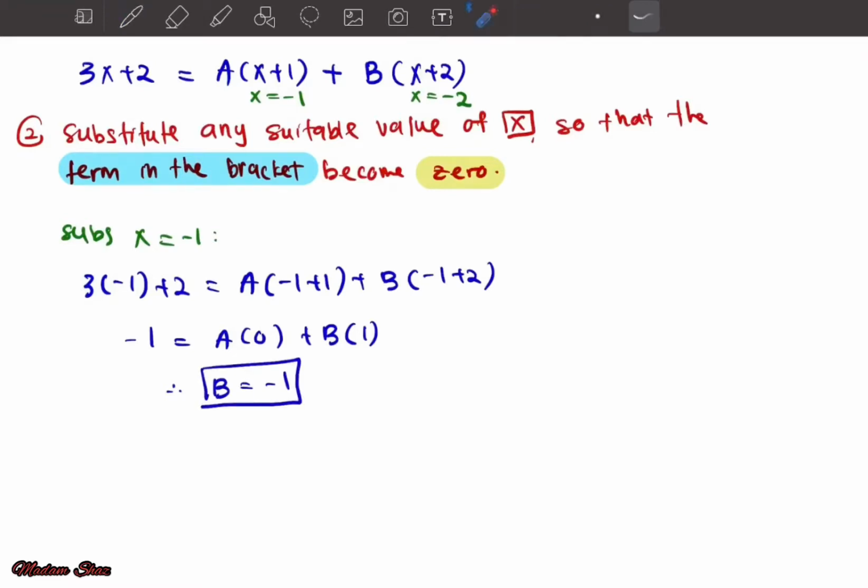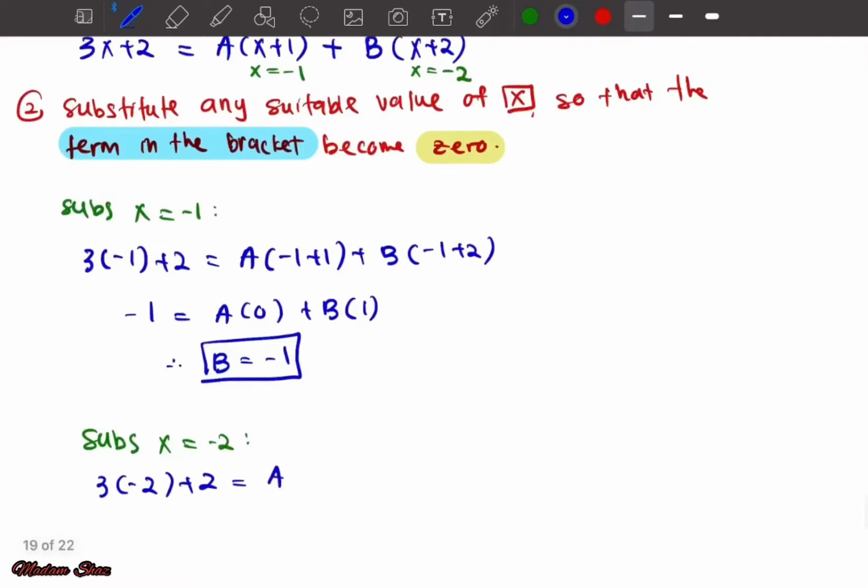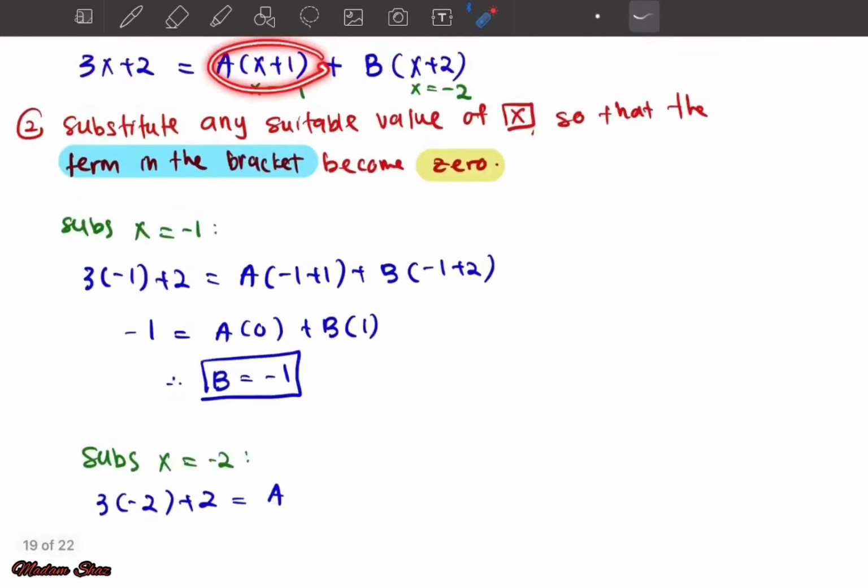So now we will substitute the second value, x equal to -2. So 3x plus 2 will become 3 multiplied by -2 plus 2, which is equal to A multiplied by x plus 1, -2 plus 1, plus B multiplied by x plus 2, so -2 plus 2.